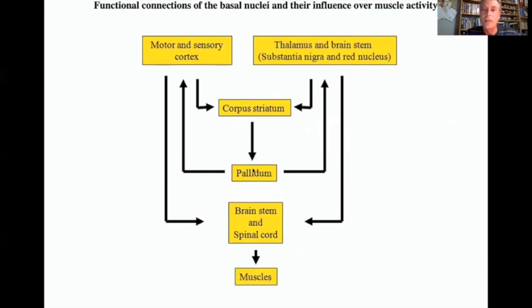The corpus striatum, in turn, projects to the pallidum. And the pallidum goes back to these areas, whether the motor or sensory cortex or thalamus and brainstem, closing a circuit. Once these connections have been arranged, the motor and sensory cortex or thalamus can project to the brainstem and spinal cord in order to reach the muscles.